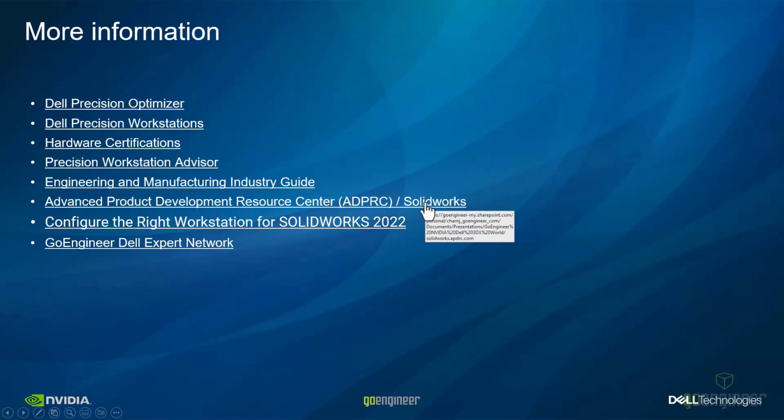And we even have a special SOLIDWORKS-specific curated version of the APDRC available for SOLIDWORKS users. And then there's another article that was just recently released, how to configure the right workstation for SOLIDWORKS 2022. And then, of course, that's the link to the Dell Expert Network page that we just looked at. Okay, so some really great resources for you to reference after the webinar.